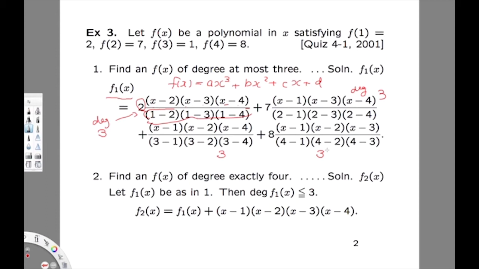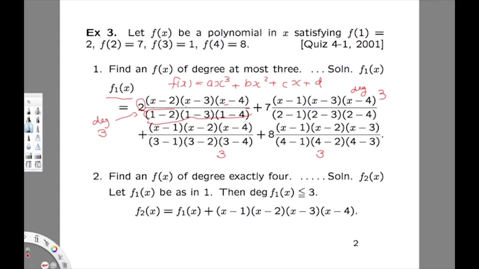Still, I want to say that the degree of this polynomial is at most 3, because you have some coefficients, right? If you add the coefficients of x cubed together, I'm sure you will get a non-zero number.